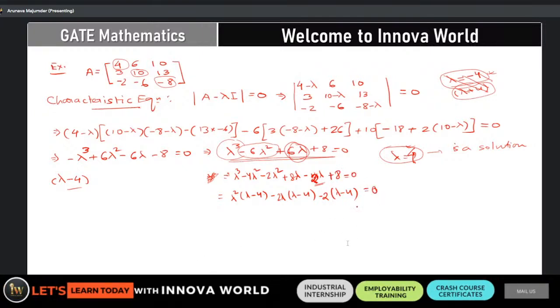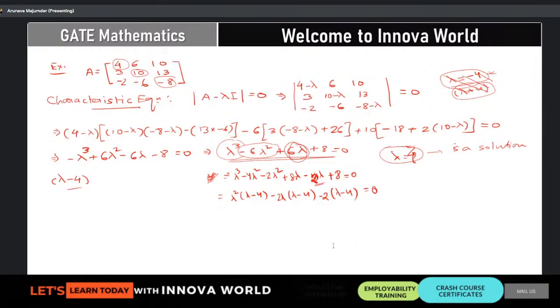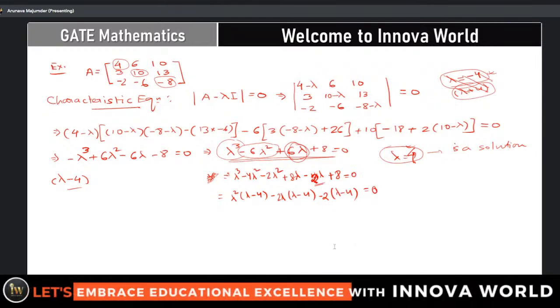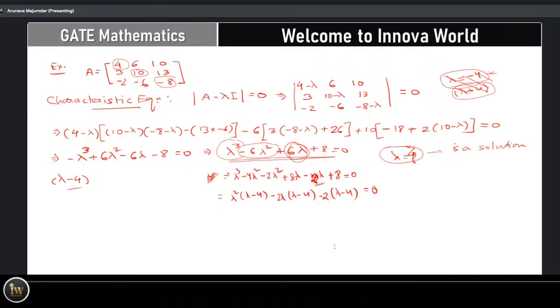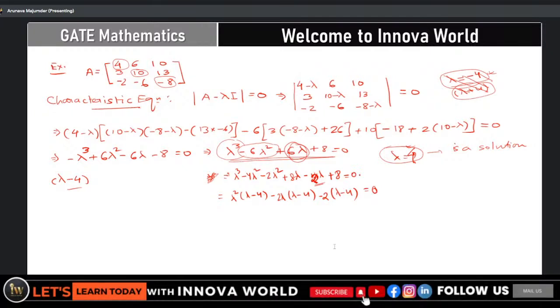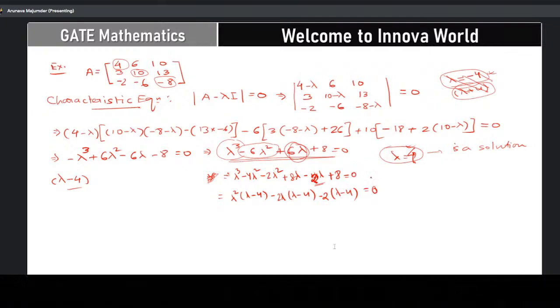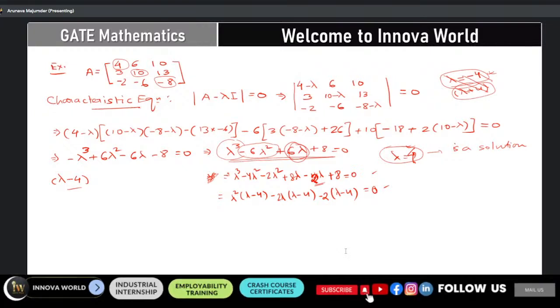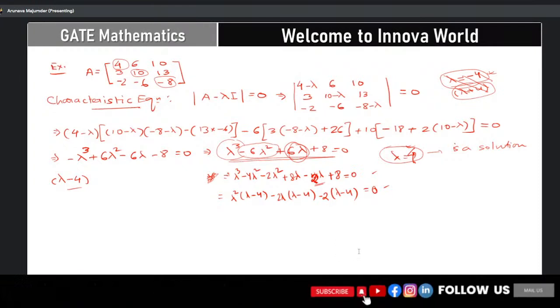I am explaining it a little bit first because due to some technical glitch, the system was not working for some time. If you have any doubt with this particular calculation, I think everybody knows how to solve a cubic equation by using this factorization method.